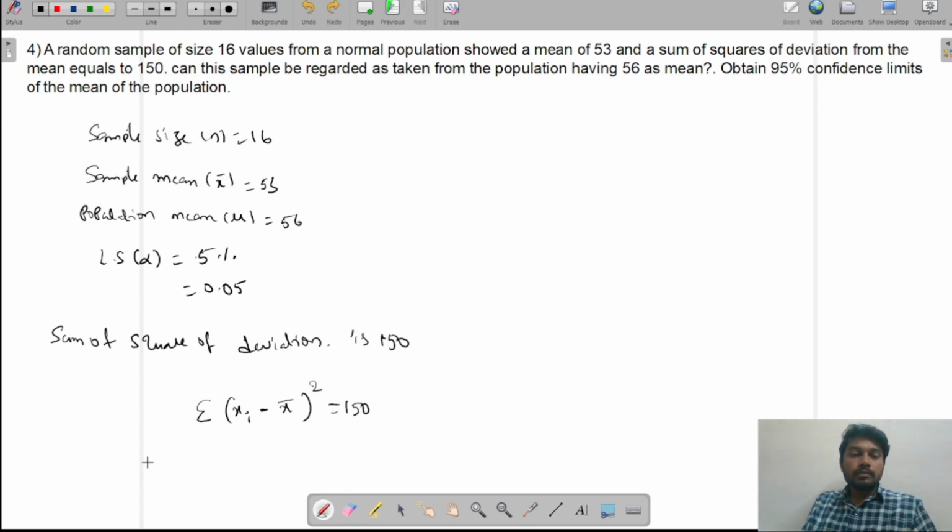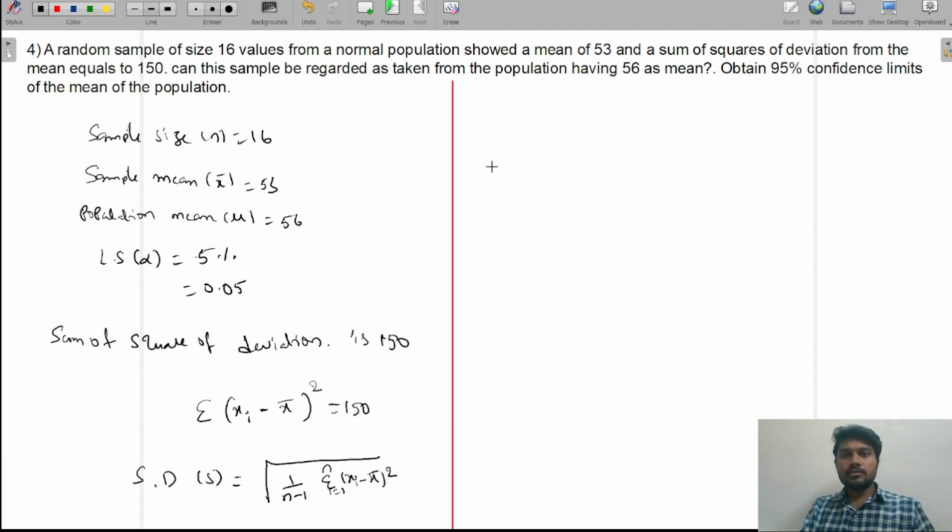But what is the value of the standard deviation, I mean variance? So standard deviation S equal to under root of 1 by n minus 1 summation i equal to 1 to n xi minus x bar whole square. So n is nothing but the sample size, 16, right?